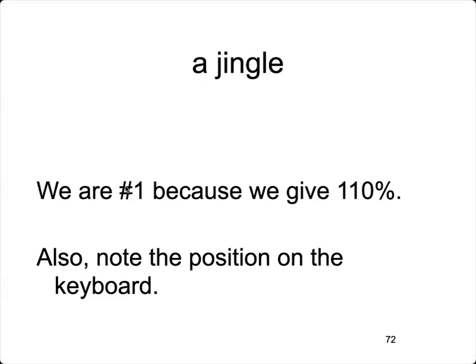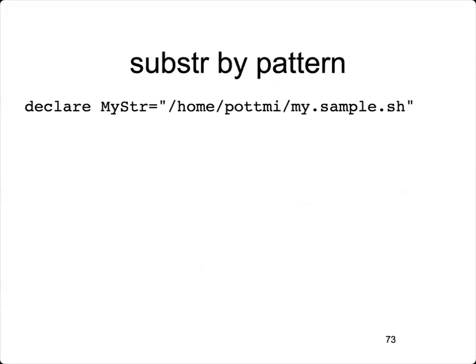Now you can remember that the pound sign removes from the front with this little jingle: number one, because we give 110%, or you can just note the location on your keyboard where the pound sign is to the left of the percent sign. Okay, so let's do some. I also remember it because a pound sign is a comment character, so it's at the beginning.